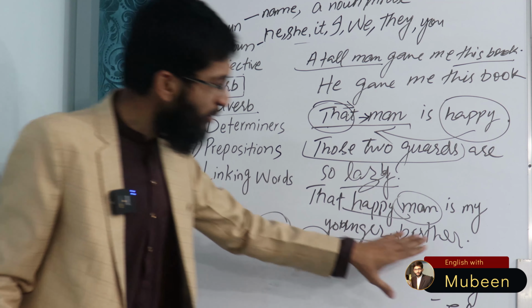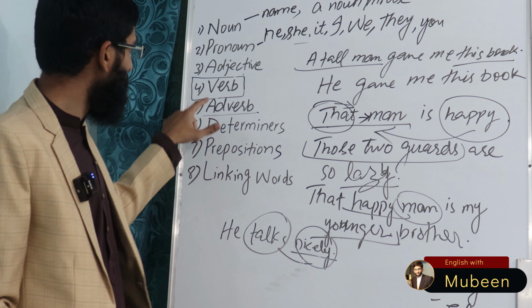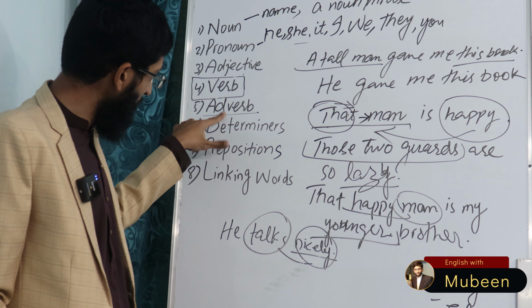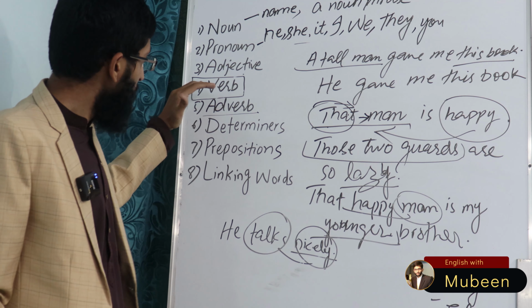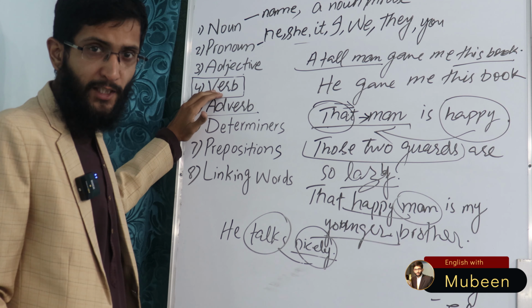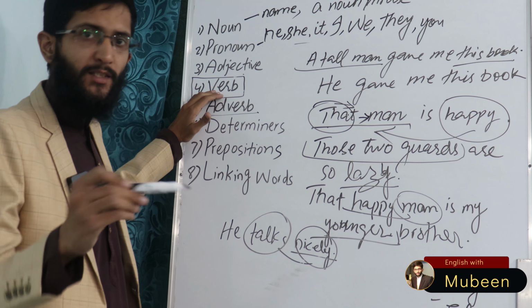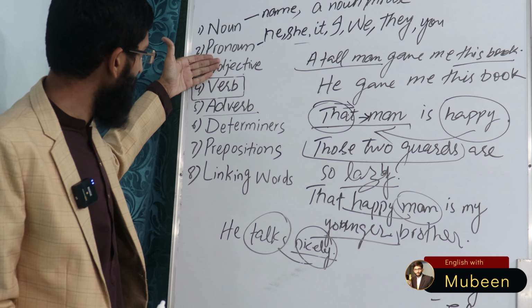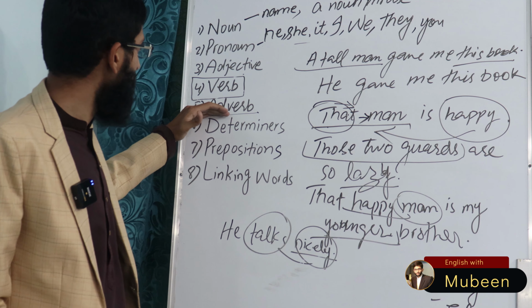So I will teach you this adjective morphology in another lecture, along with the morphology of verbs and adverbs. In verbs, it is easy to understand the morphology. Most verbs have ing, s, or ed forms at the end. But adjectives can be difficult and adverbs can also be difficult.